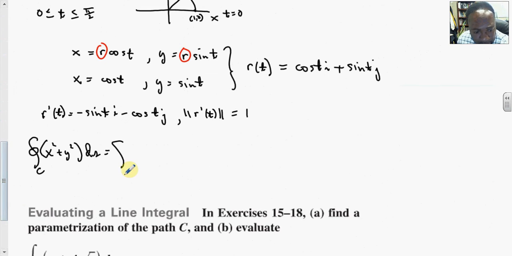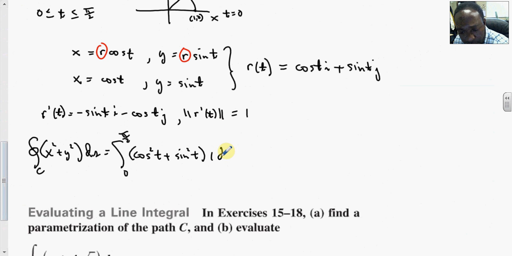So this is the integral from 0 to pi over 2 of x squared plus y squared, where x is cosine, so this is cosine squared t, plus y squared, that's sine squared t, times the norm of r prime, which is 1, times dt.